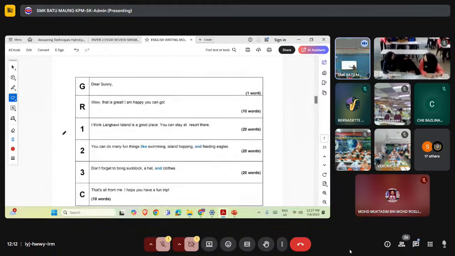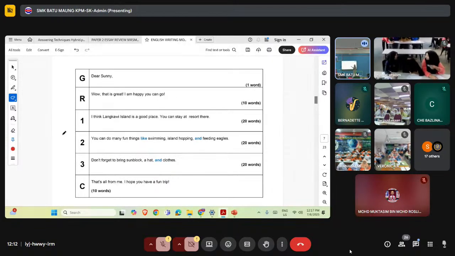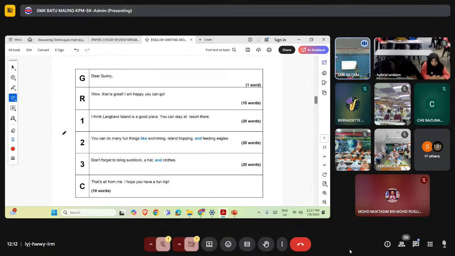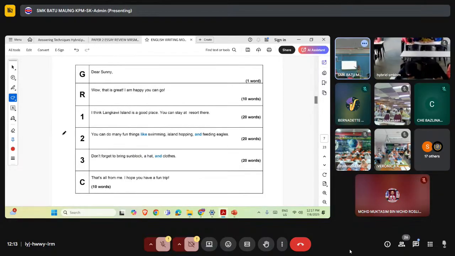Okay, this is a sample of answers. If you write it using simple sentences, without elaboration. Okay, how many words? This one is still 80 words. Okay, but without elaboration. But content is here. Look at the marks.